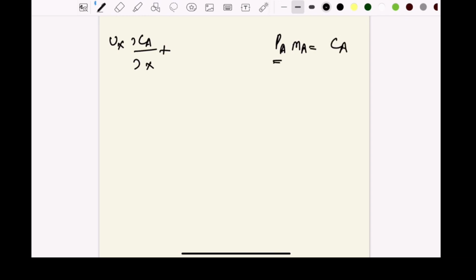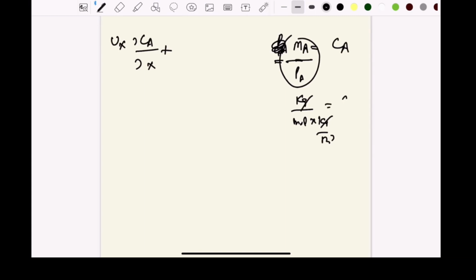Because ρA into MA... what is this? Mass per unit volume, and this is molecular weight, weight per mole. So because this is kilogram per mole and this is kilogram per meter cube, it gives concentration.